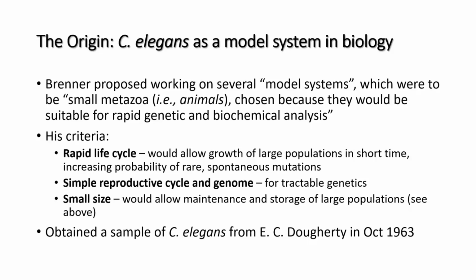Chosen because they would be suitable for rapid genetic and biochemical analysis, which is what he had been doing in bacteriophage and bacteria. So the criteria were it had to have a rapid life cycle, because after genetics, you have to get parents and offspring, and F2s and F3s. So the faster the life cycle, the faster you can do your experiments, and you can get a large population of them. So large sample sizes are good.